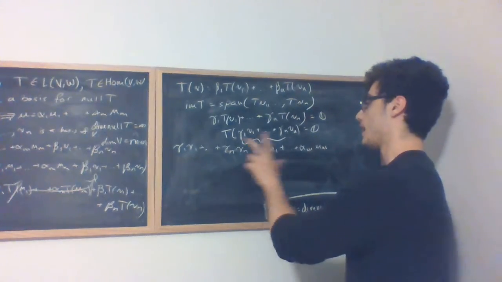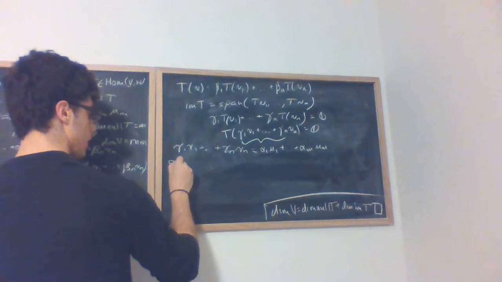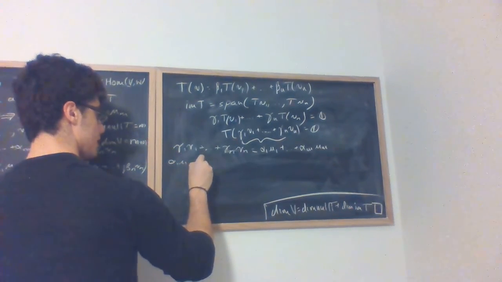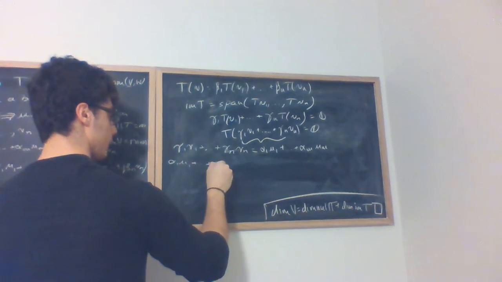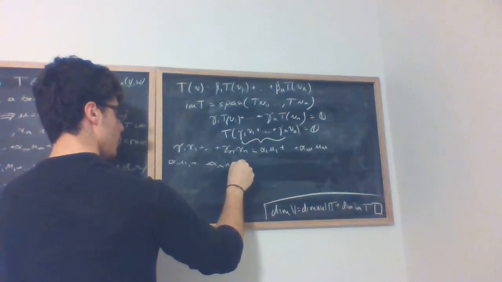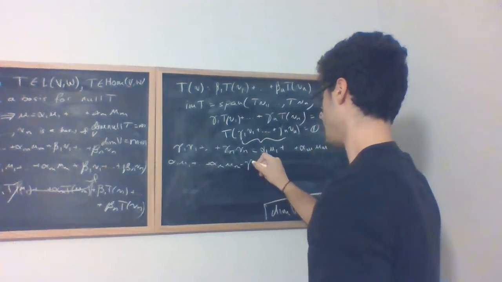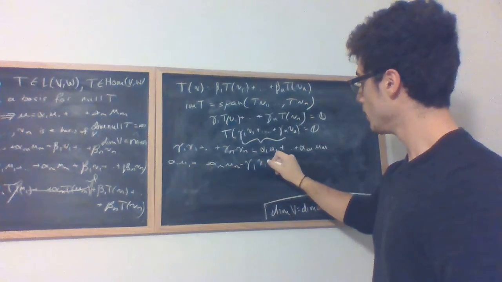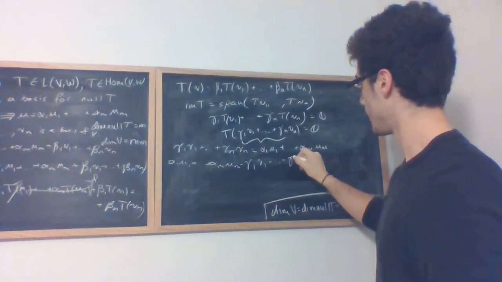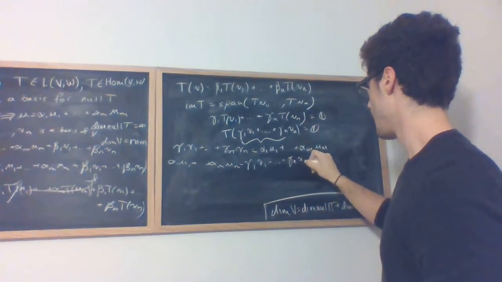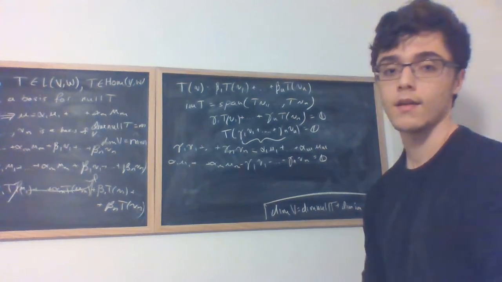And now we could just subtract from both sides to get alpha 1 u1 plus all this junk up until alpha m minus gamma 1 v1 minus all this stuff up until gamma n vn equals the 0 vector.